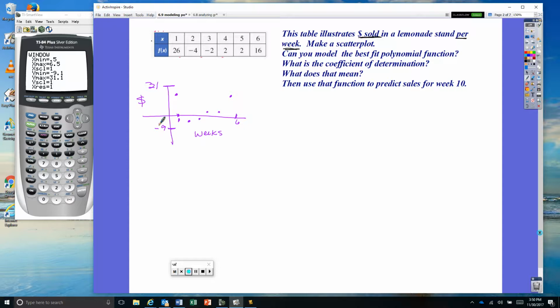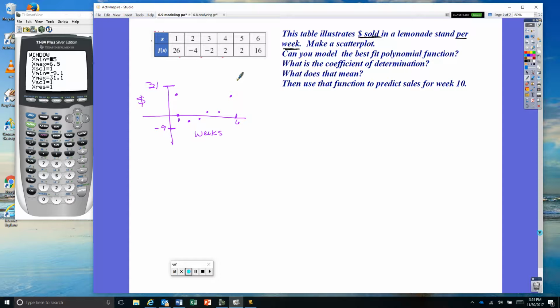Now, you're going to have to think about taking a pencil and flowing through these points. If you flow through those points, what would you have? Quadratic, cubic, or quartic?